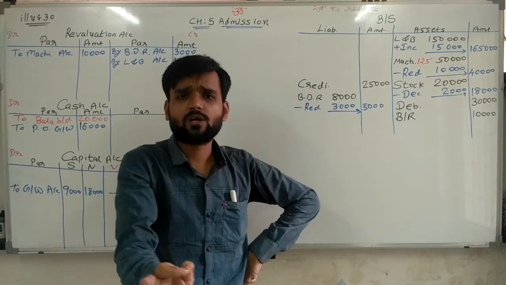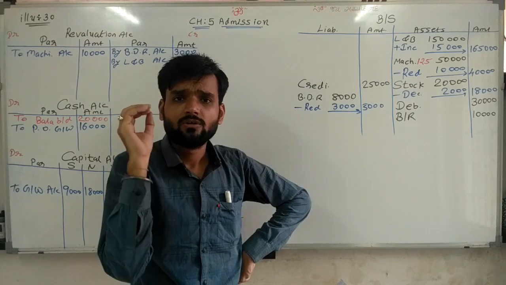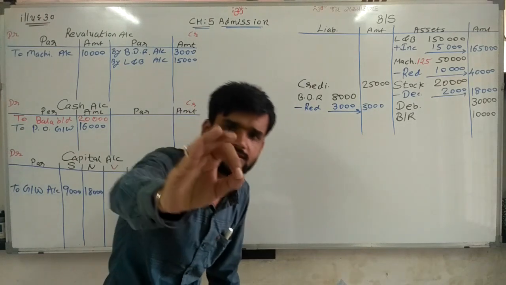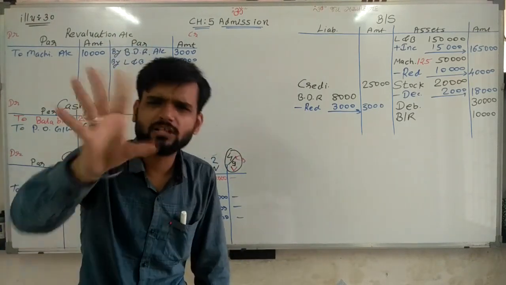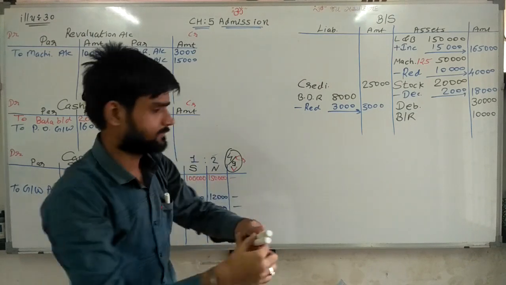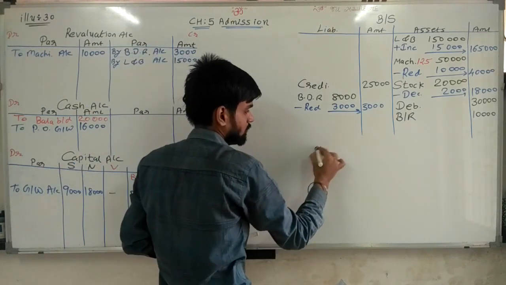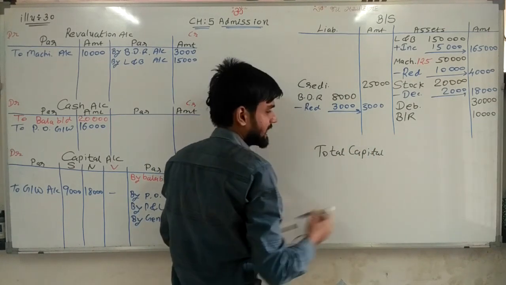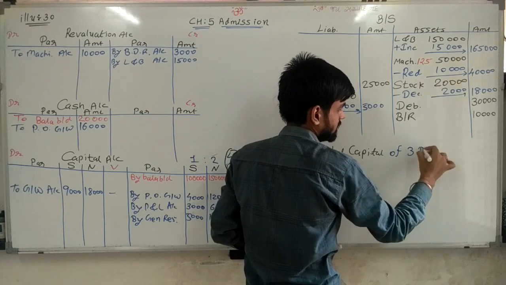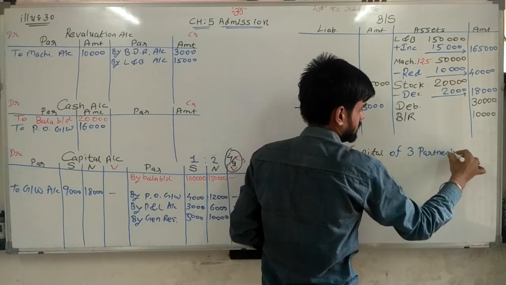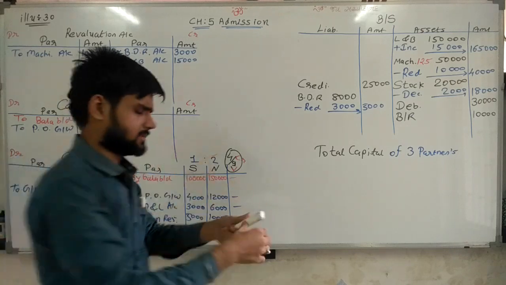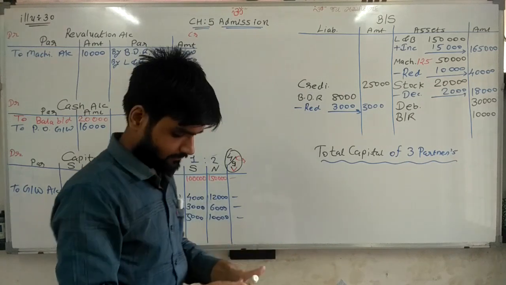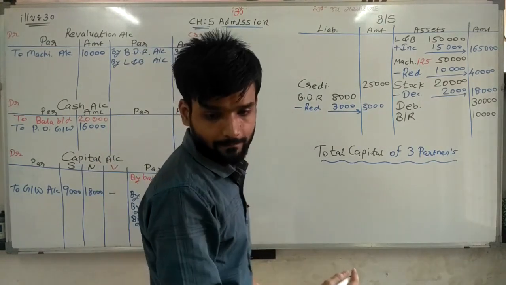Whenever it is given, 'of net capital, new partner bringing its capital,' it means the total capital of the three partners. It means net capital. It means net asset. 50% of net asset is brought by the partner.